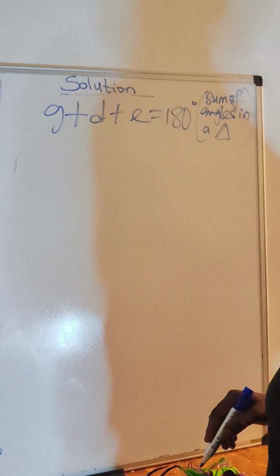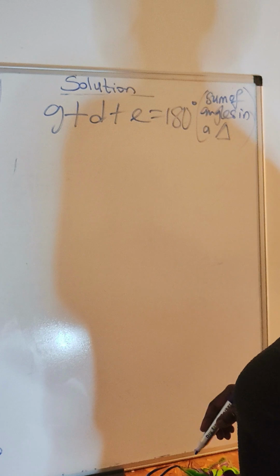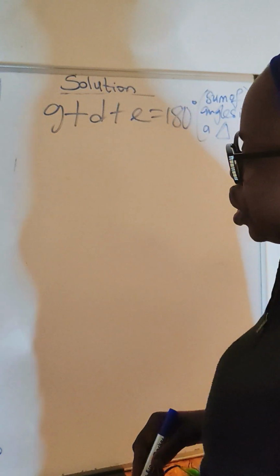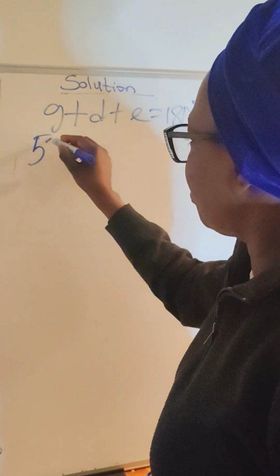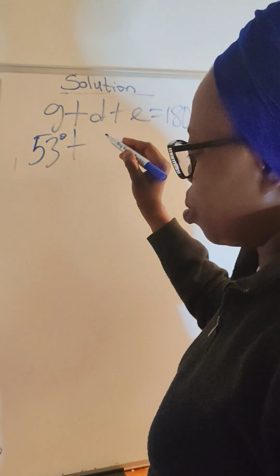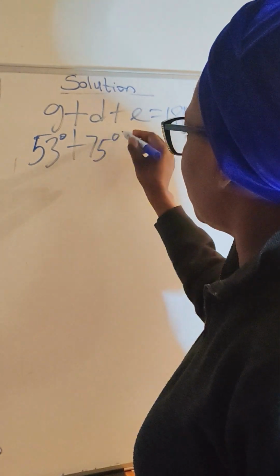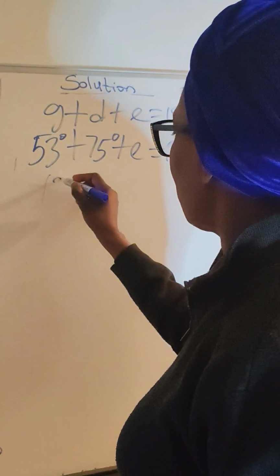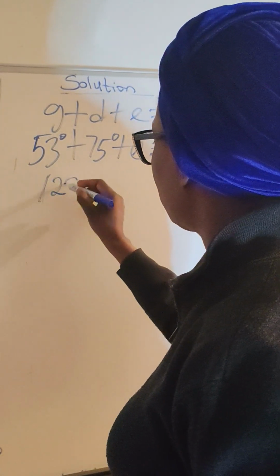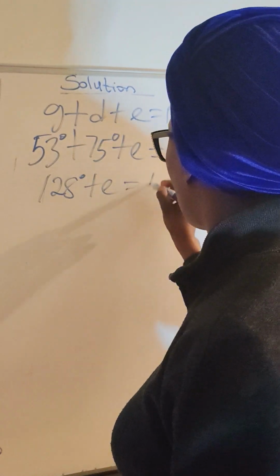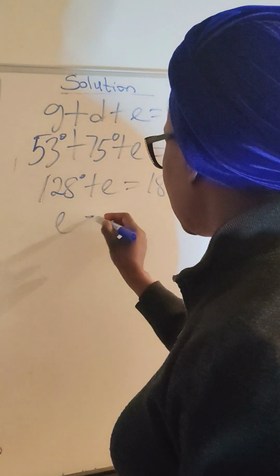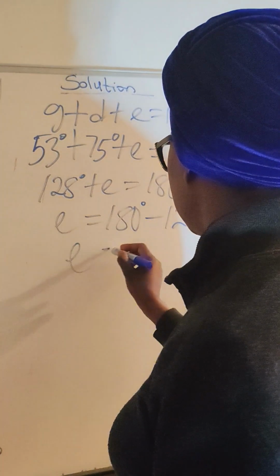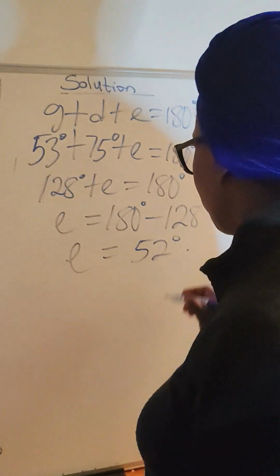Angle G is 53 degrees, angle D is 75 degrees. We don't know what angle E is. Add the two together, we get 128 degrees plus E is equal to 180 degrees. Make E the subject of the formula, and E is equal to 52 degrees.